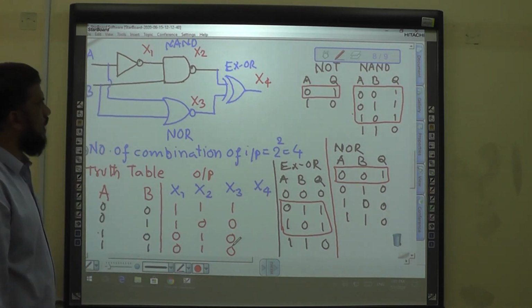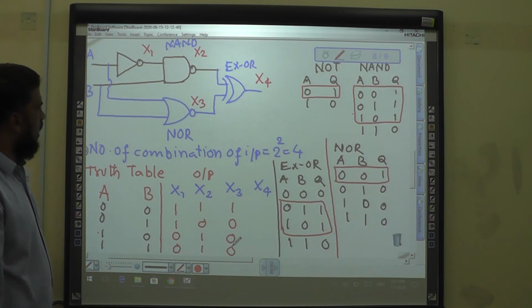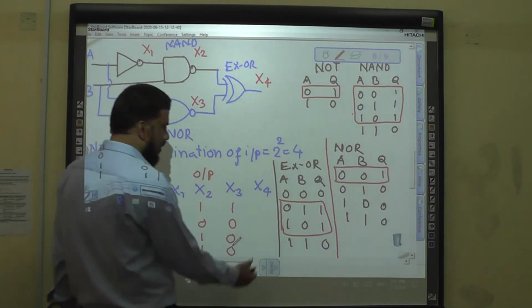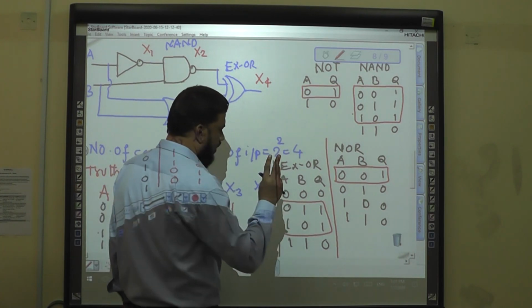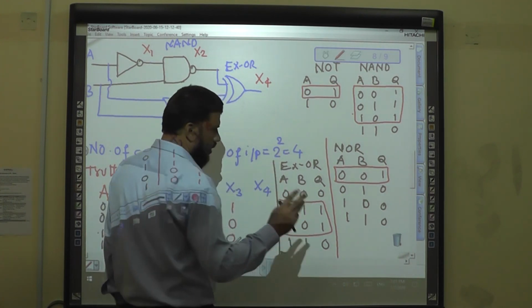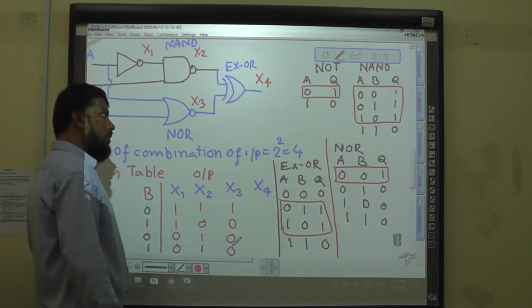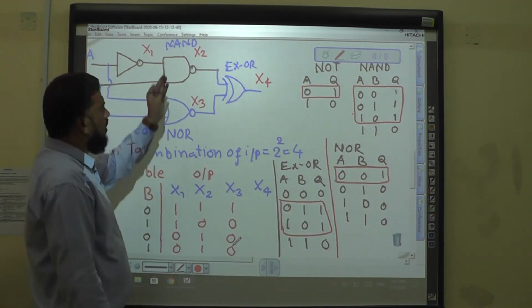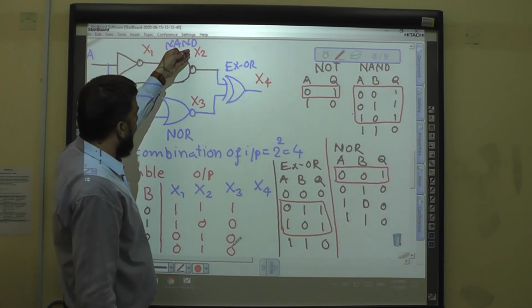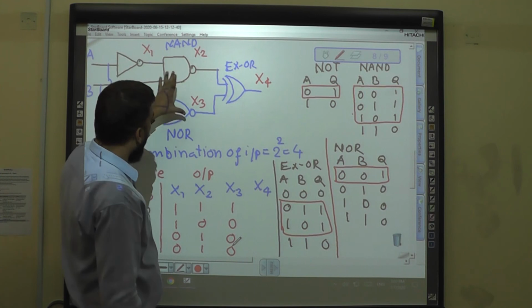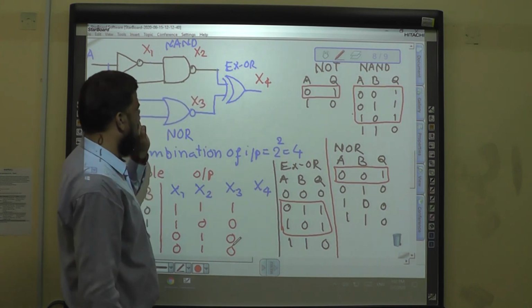Now come to x4. x4 is the output of the XOR gate. The XOR gate has the function table that if the inputs are different, 0 1 or 1 0, the output will be high. And what will be the inputs for the XOR gate? The output of the NAND gate and the output of the NOR gate, that is x2 and x3.